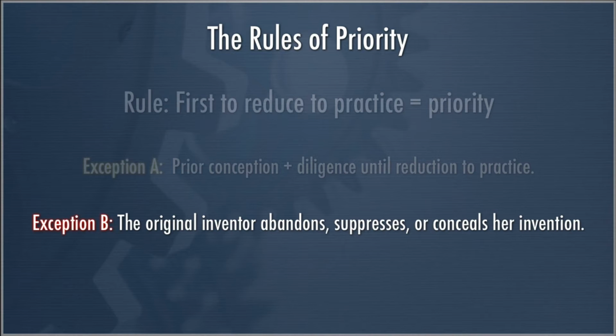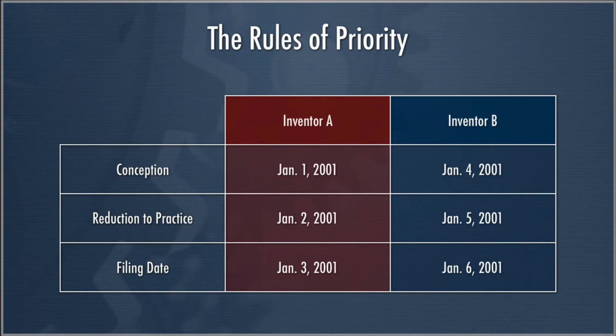Right? So I think one of the easier ways to work through this is just to get through a few examples. Right? So we have two inventors here, inventor A and inventor B. They have a date of conception, a date of reduction to practice, and a filing date for each one. All right, so scenario one. Inventor A conceives on January 1, reduces it to practice January 2, and files on January 3rd.